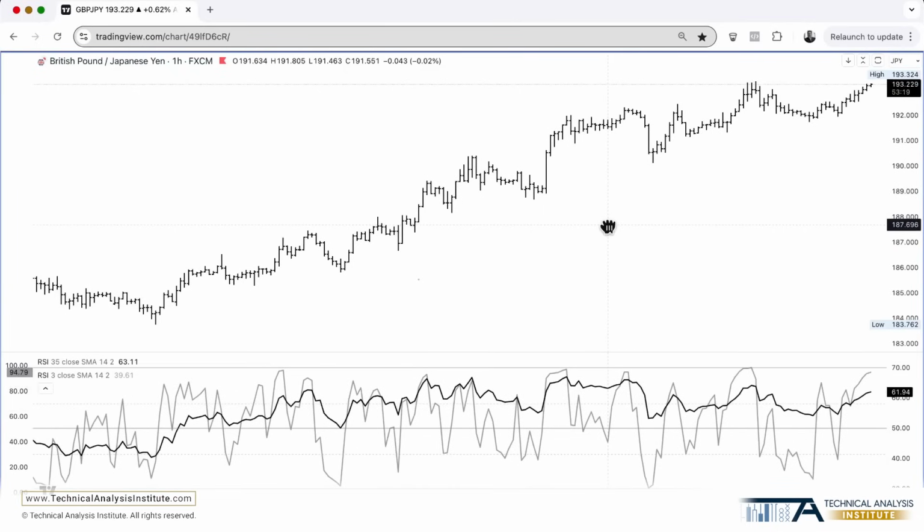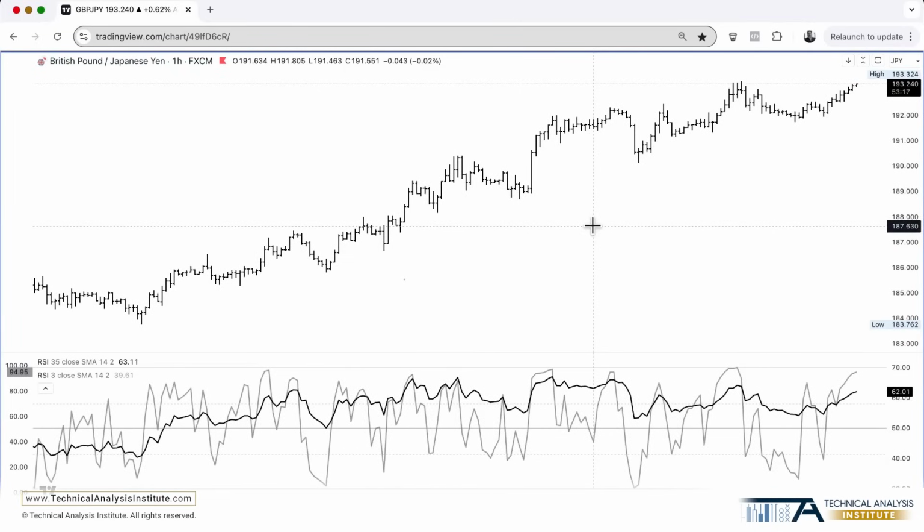In fact, what we're going to do is use two RSIs. What you see in my chart here is two RSIs. One, an RSI with a 35 period with a black color, and the other one, a 3 period with a gray color.